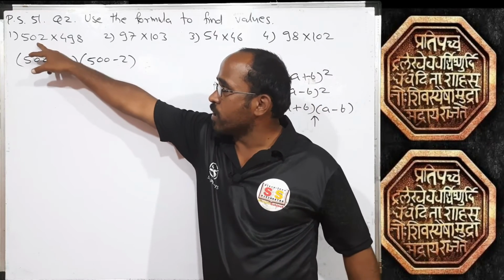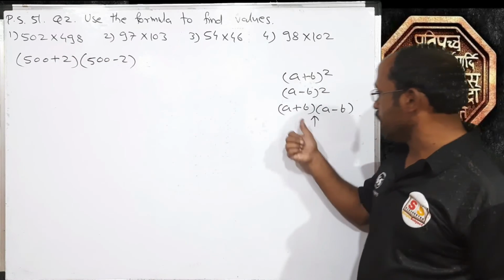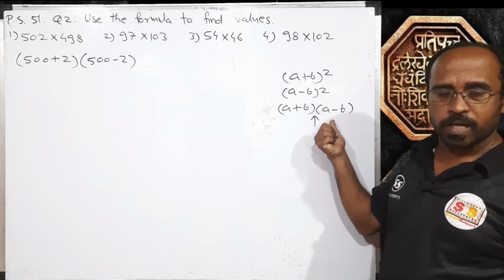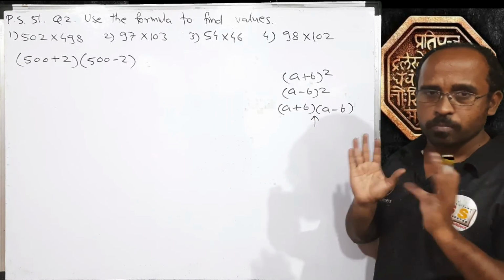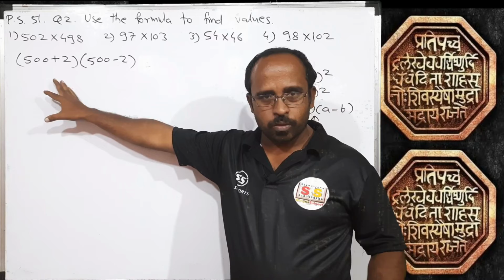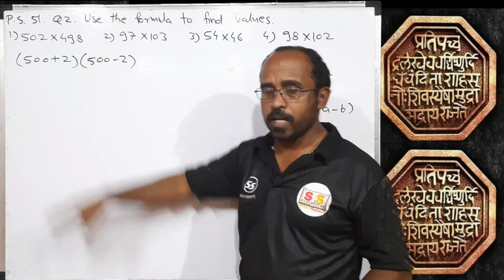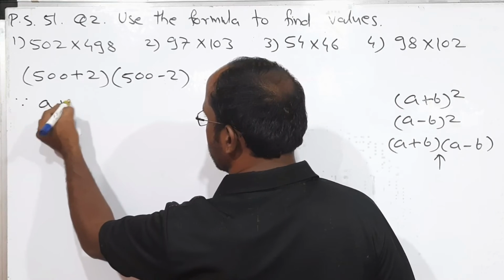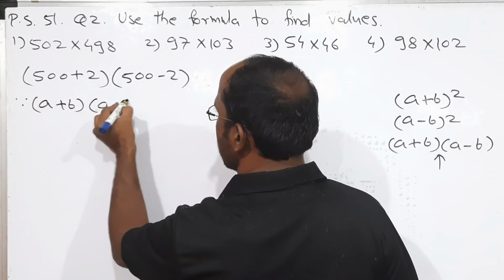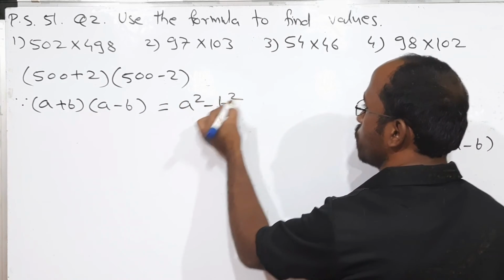Means we have converted 502 into 498 in the form of a plus b multiplied by a minus b, where a and b are two numbers. Clear, students? So 500 plus 2 multiplied by 500 minus 2, we can use the formula that a plus b multiplied by a minus b is equal to a square minus b square.